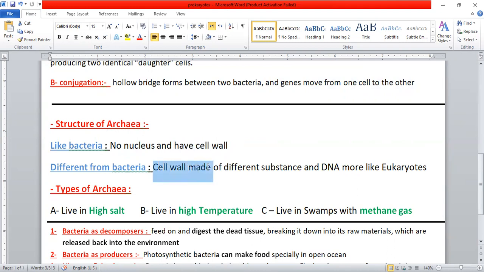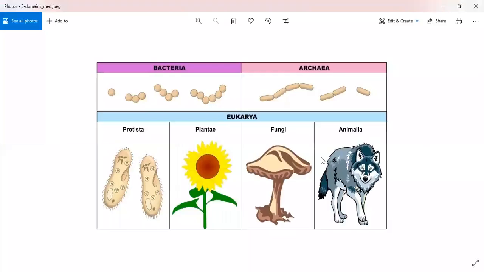The cell wall of archaea is made up of a different substance that you do not need to know. You can think that archaea is similar to bacteria, but actually the DNA of archaea is more like the eukaryotes. Remember, the eukaryotes like the animals and the plants. So the archaea DNA is more similar to eukaryotes than to bacteria.